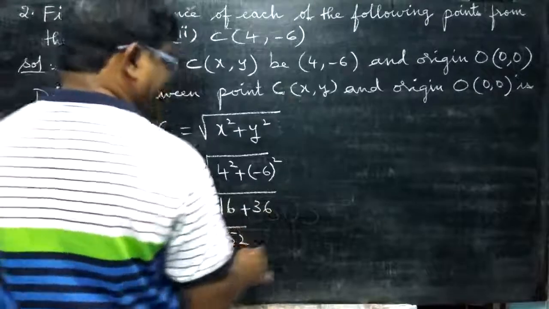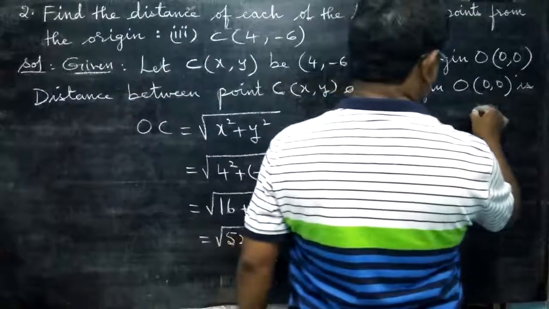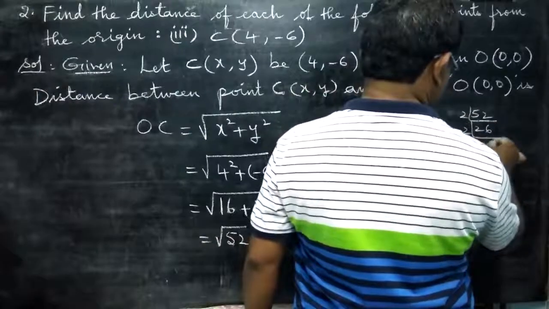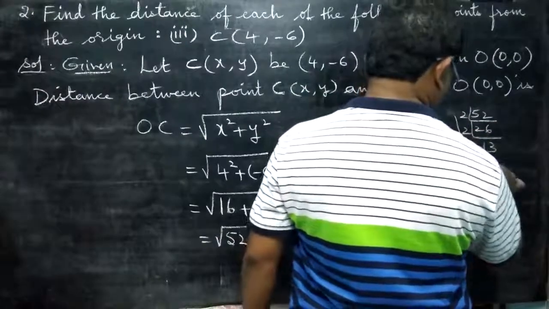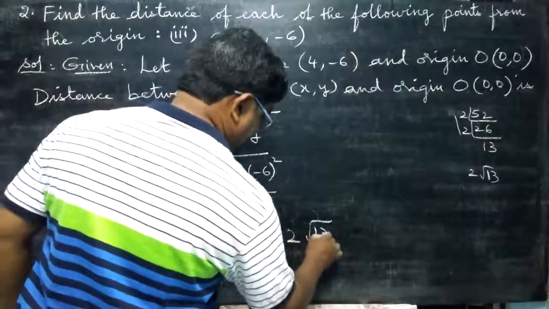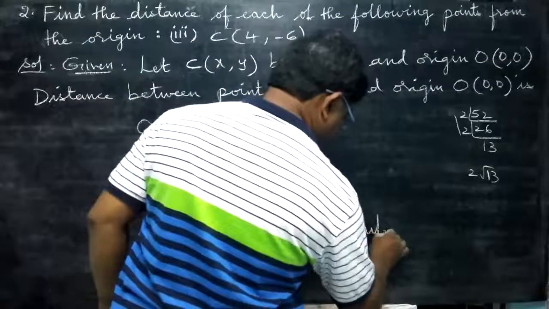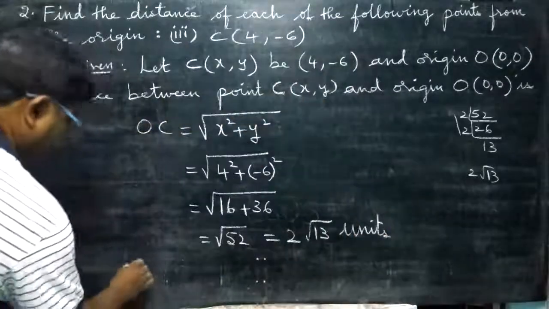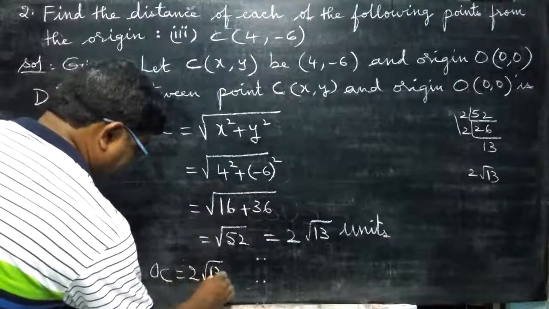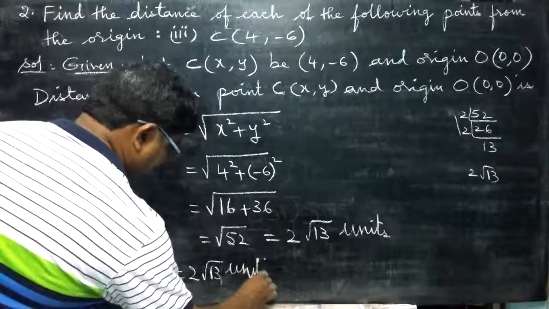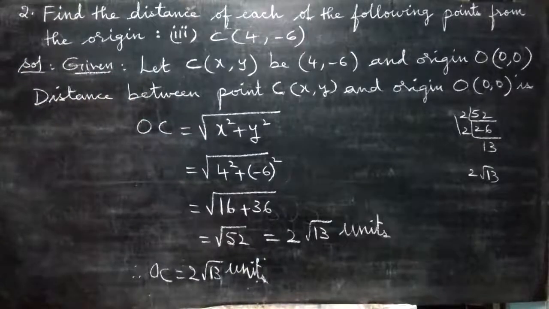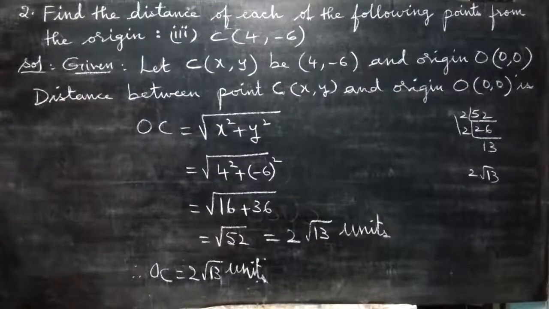We must factor 52. 2 table goes 26 times, again 2 table goes 13 times. For 2 2s, one 2 will come, so 2 root 13 units. Don't forget this. Therefore OC is equal to 2 root 13 units. Write this. That is the way of solving this problem.